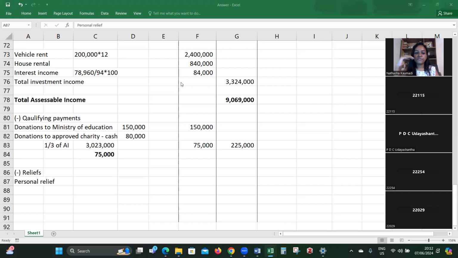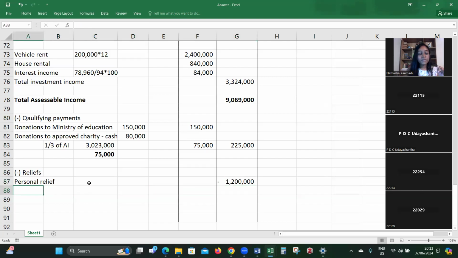So after deducting the qualifying payments, you can deduct your personal relief. What is that amount? Yes, 1.2 million. Monthly 100,000 multiplied by 12, 1.2 million. You can deduct 1.2 million.